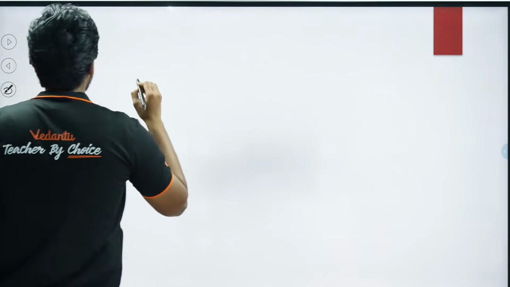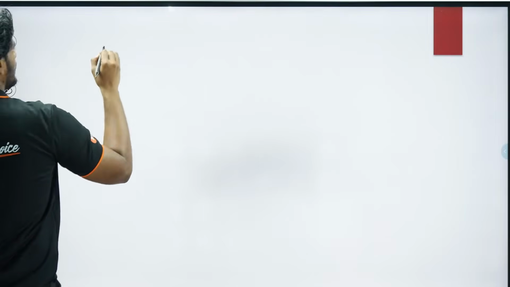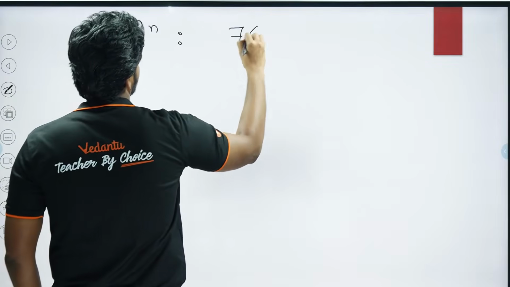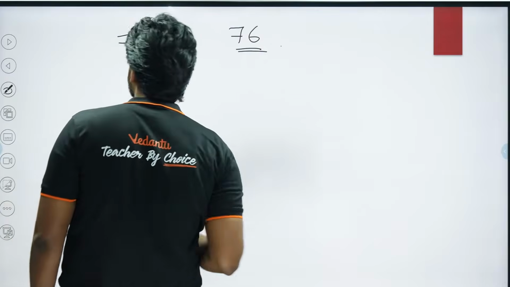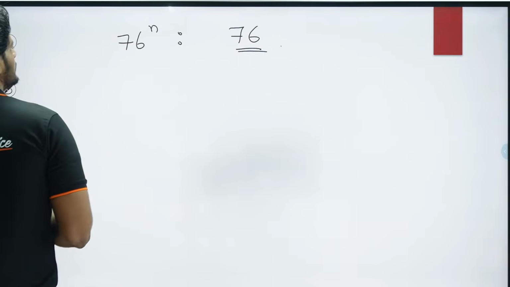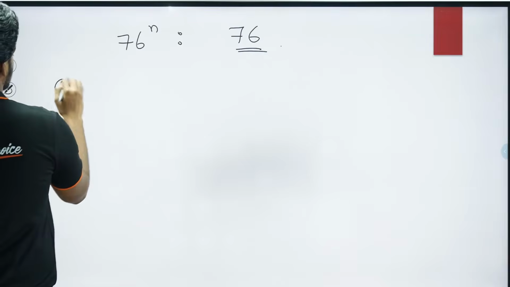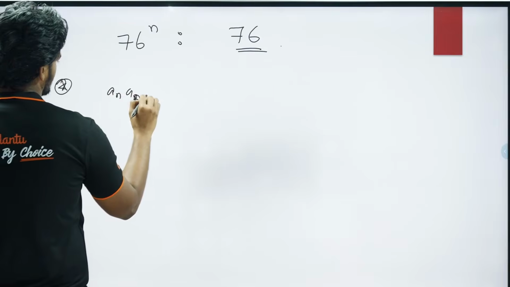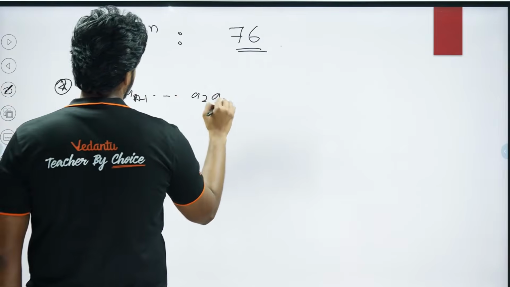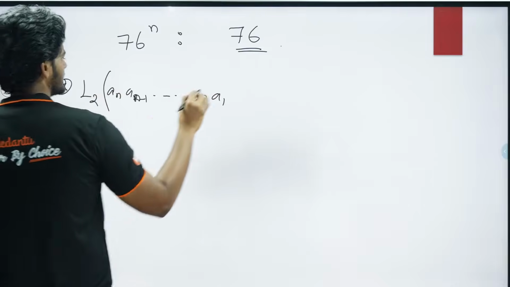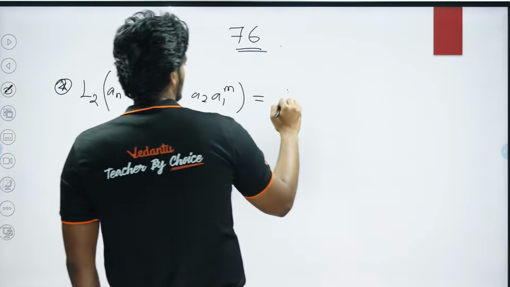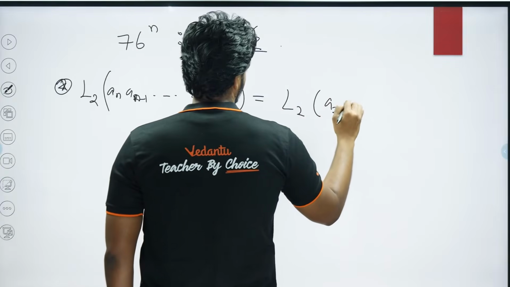Any number ending with 76, it will always end with 76. How do you check this? Tell me. And then one should note that if we have an n digit number a_n, a_(n-1) till a2 a1, the last two digits of this power m will depend on the last two digits of simply a2 a1 power m.